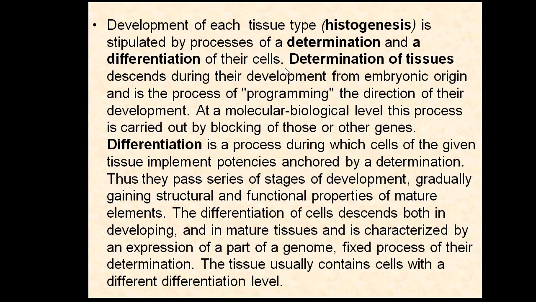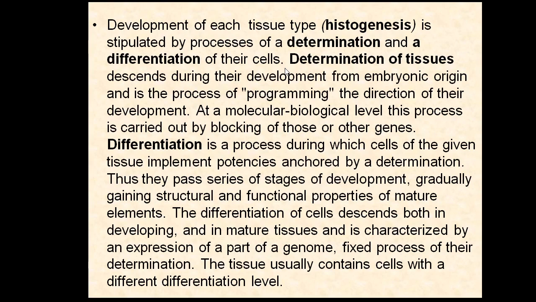Determination means the arrest or programming of the direction of the development of the cell. It means that some genes are arrested, and in concrete cells, for example, a cell of the skin or a smooth muscle cell, only some part of the genome is active, and we call it euchromatin.